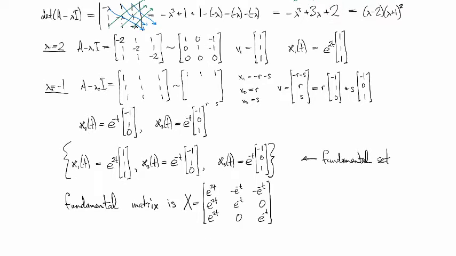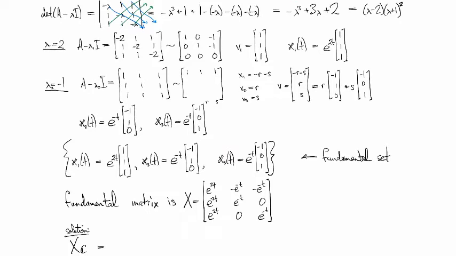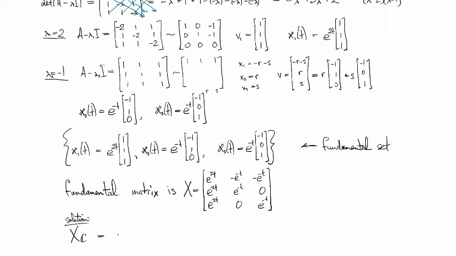And so if I look at x times c, my solution is going to be c1 e to the 2t times 1, 1, 1, c2 e to the minus t times minus 1, 1, 0, c3 e to the minus t times negative 1, 0, 1.